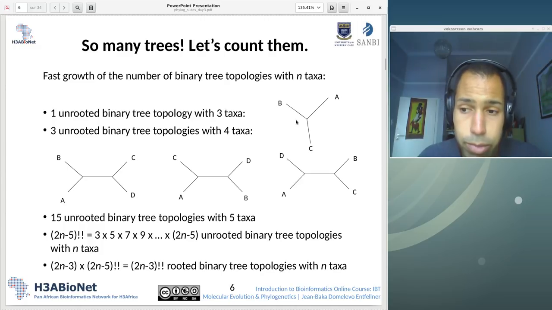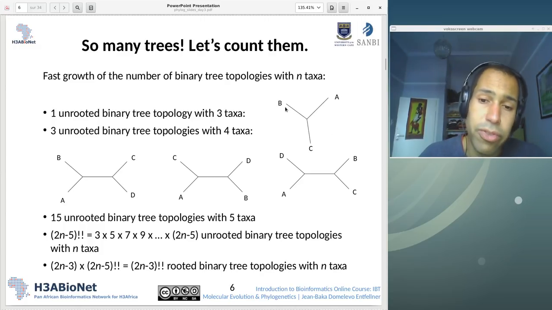So we are talking about topologies. This topology A, B, C is exactly the same topology as if you would rotate, or if you would put the B here instead of the A, and the A here instead of the C, and the C here instead of the B, okay?